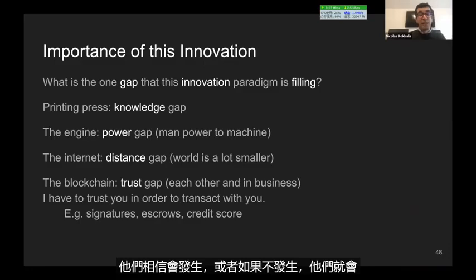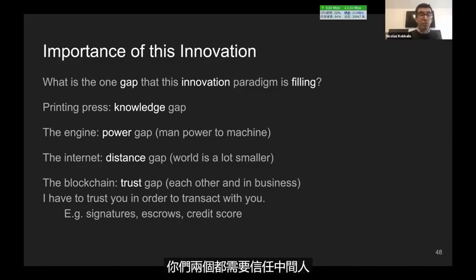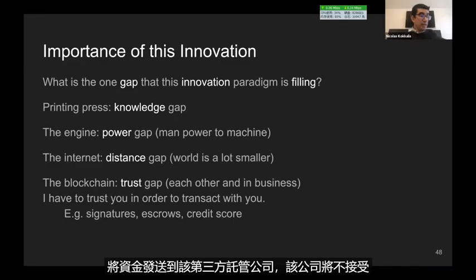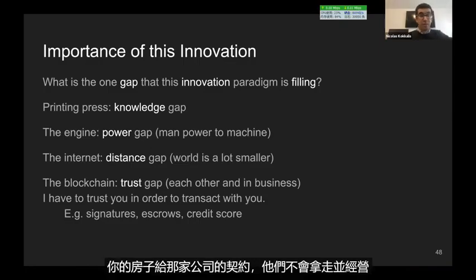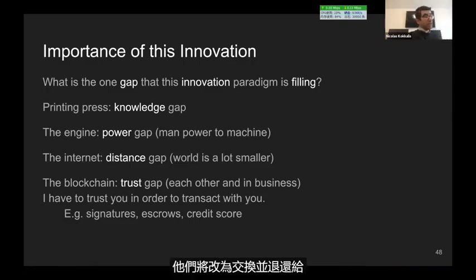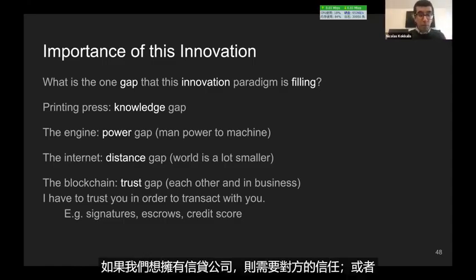Or if they don't, then both of you need to trust an intermediate party. There is an escrow, and we both trust that if we send the funds to that escrow company, the company is not going to take the funds and leave. And if you send the deed of your house to that company, they're not going to take it and run. They will instead swap it and give it to the opposite party.